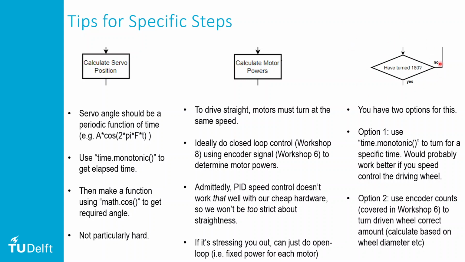And then finally, this question of have we turned 180 degrees? Essentially, there are two fundamental ways this can be done. Option 1 is based on time. You could use time monotonic, which we will use in all sorts of other contexts, to keep track of the time that you've been turning, and then experimentally determine how long it takes your robot to do 180 degrees.